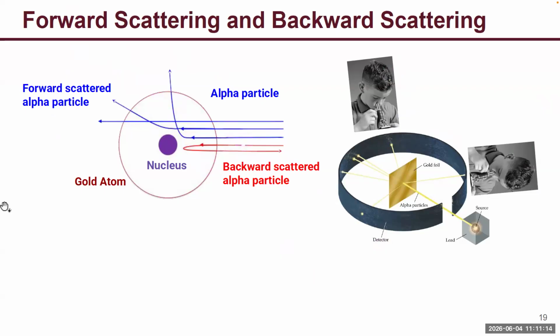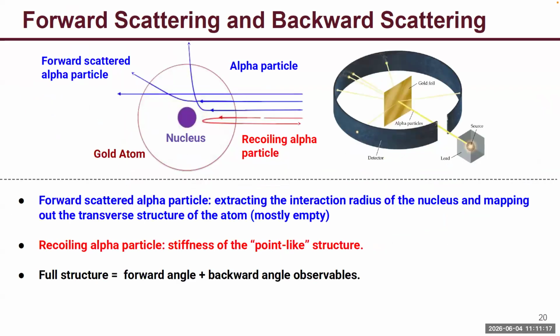And it's very interesting that they found something amazing. From the forward scattered alpha particles, you can get the structural information of your gold atom, and the backward information is also very important, because you learn that there is something harder than your probe, and your probe bounces right back. So it is very important for us to remember that the full structure of whatever you are measuring takes both the forward and the backward scattered processes to get the complete picture.